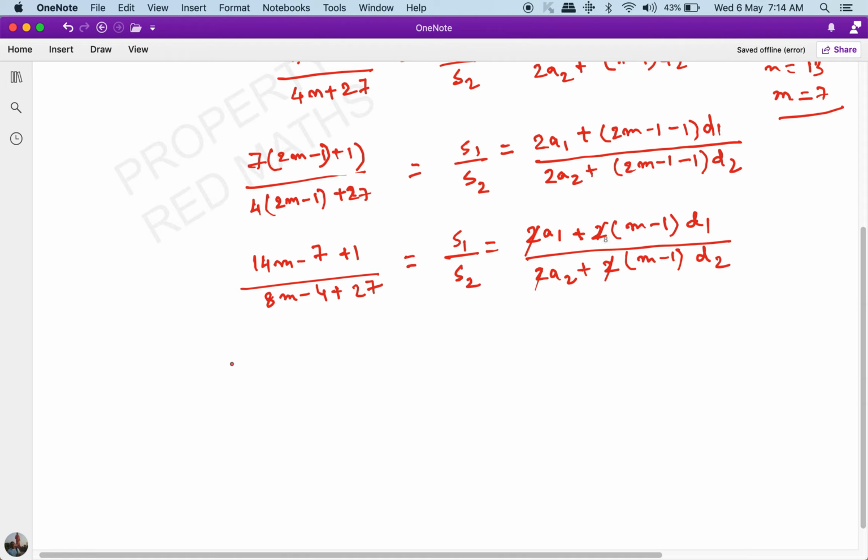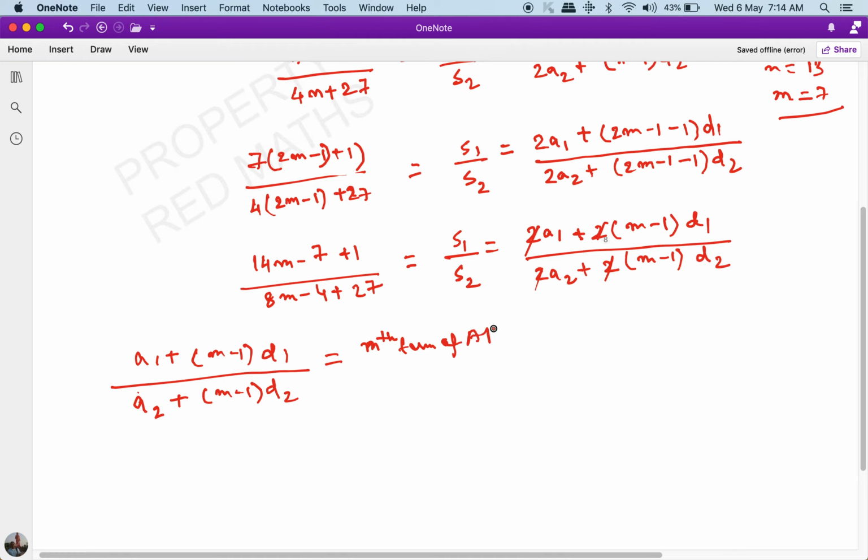What this ratio becomes is a1 plus m minus 1 into d1, divided by a2 plus m minus 1 into d2, which is the mth term of AP1 divided by the mth term of AP2.